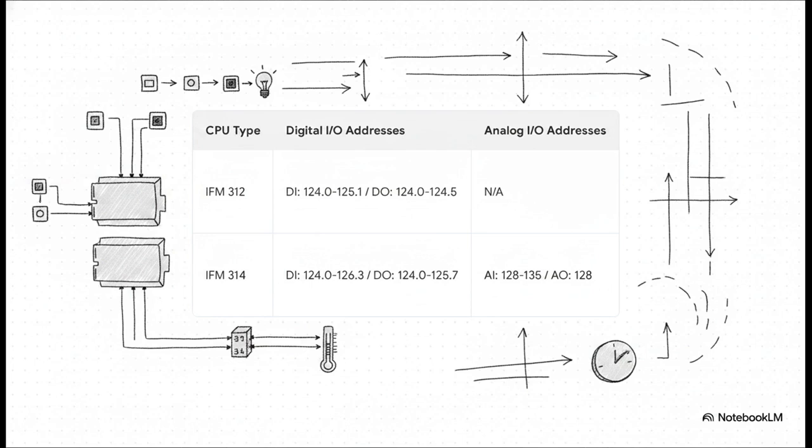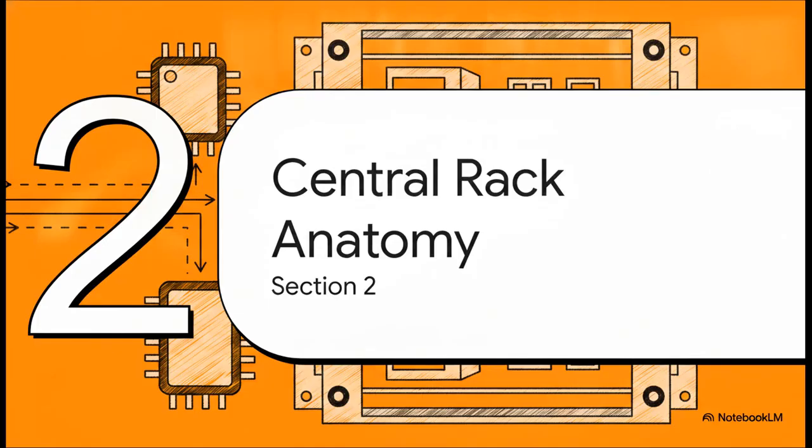The 314 also integrates analog channels. You get 4 analog inputs that occupy addresses 128 to 135 and 1 analog output sitting right at address 128. Being able to clearly visualize these exact address ranges is just non-negotiable before you sit down to program these specific CPUs. Moving right along, let's get into Section 2, Central Rack Anatomy and Buses.